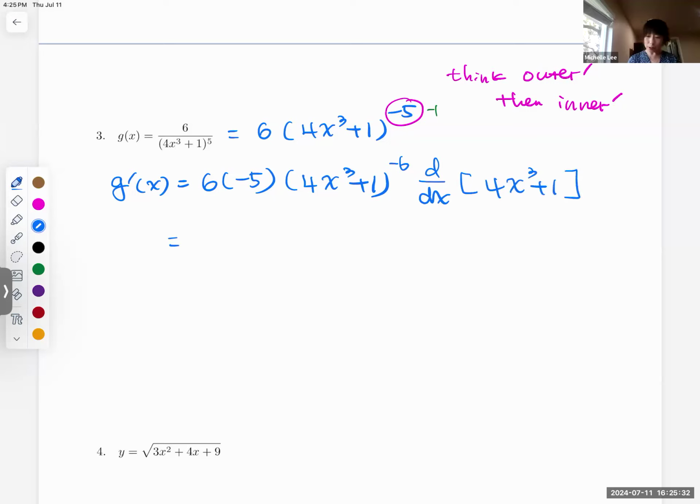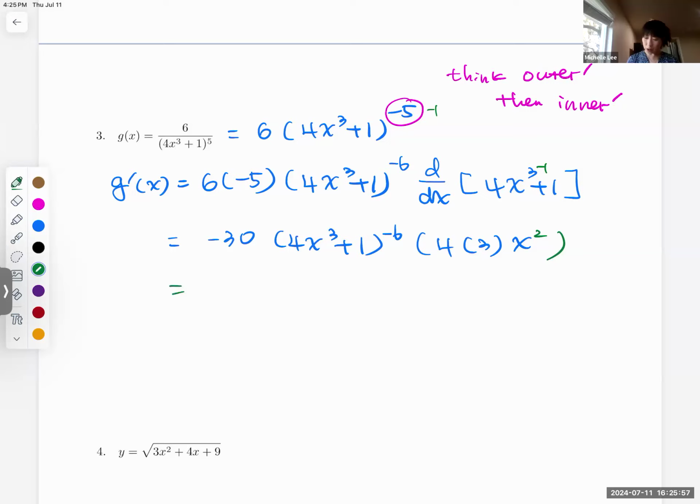So there will be negative 30, 4x to the third plus 1 to the negative 6. And then we want the derivative with respect to x. We keep the coefficient, drop the power, reduce by 1. So we have a second power.